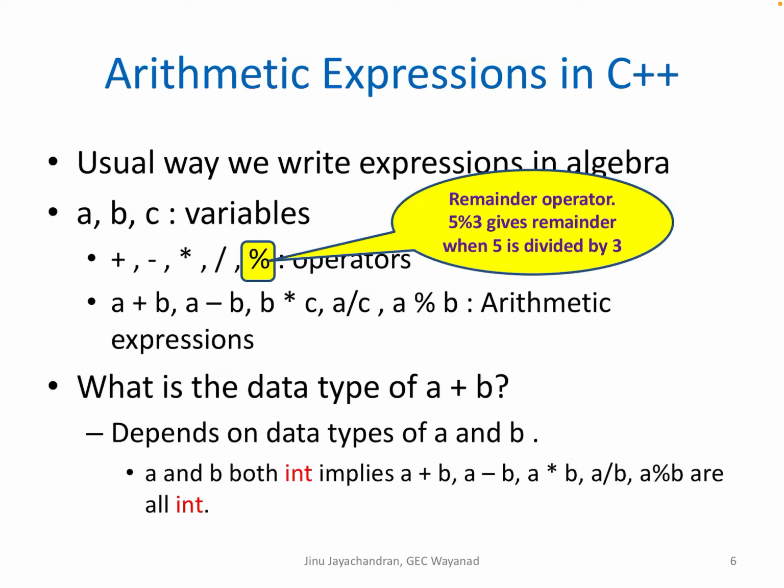Okay, let's go to arithmetic expressions. In maths or in usual algebra, we write expressions. As I said earlier, 2 plus 3 is an expression, 2 minus 3 is an expression, 4 into 5 is an expression in maths, 6 by 3 is another expression in maths, etc. Similarly, in C++ code, you can write an expression.